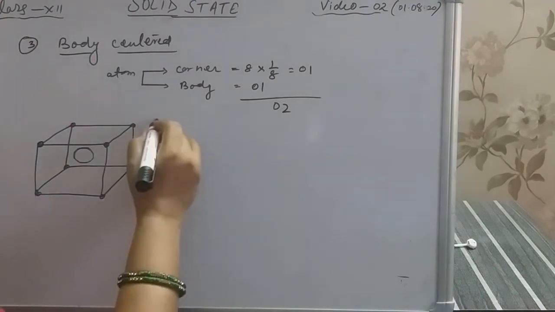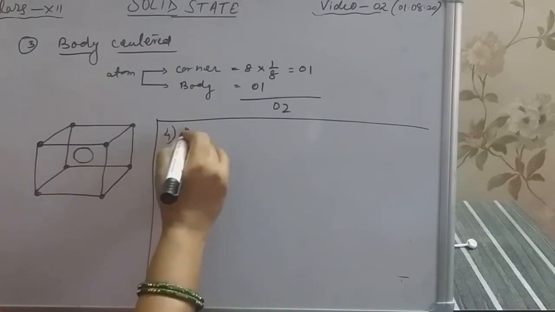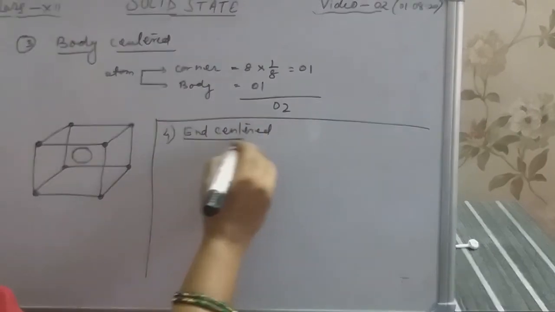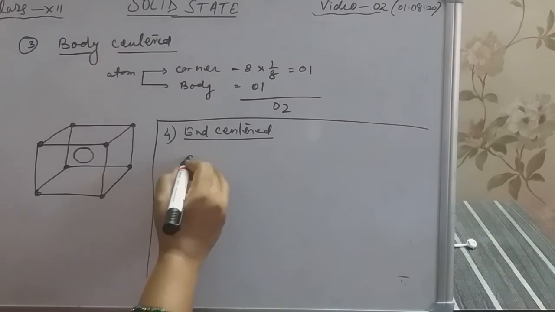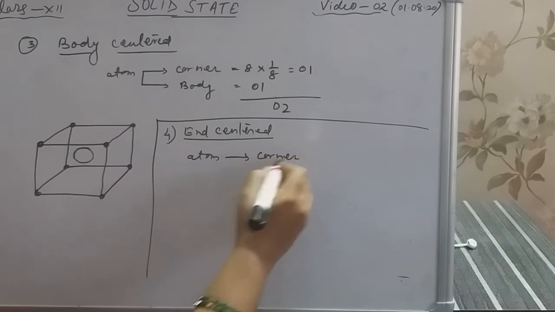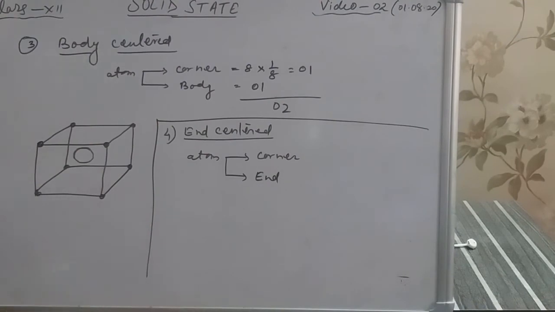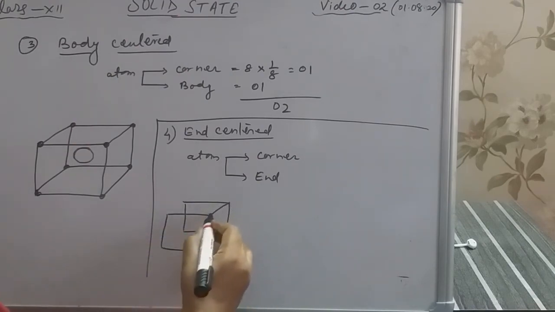Now next, fourth number, end centered cubic unit cell. See here, end center, what do you mean by that? So students, atoms are present at the corner as well, and apart from this, end means opposite, any two opposite faces. Suppose we draw the unit cell for end center.